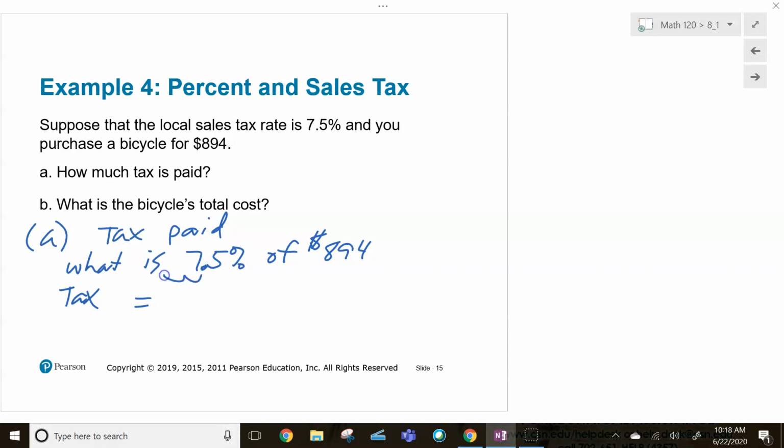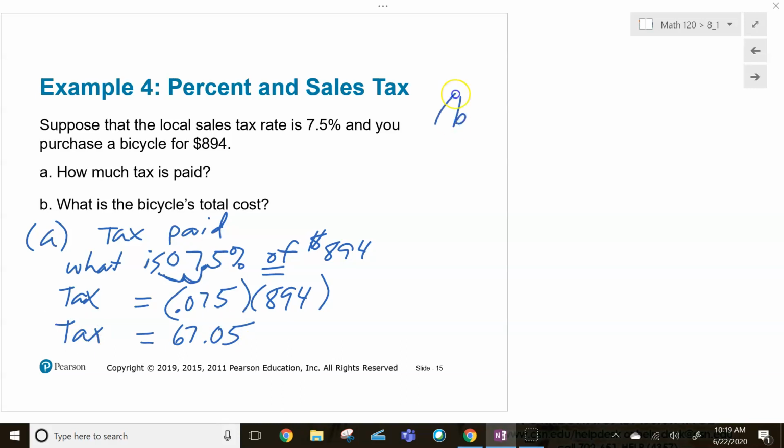So move it over twice, so 0.075. There's an imaginary zero right there. Left twice. 0.075, and of means multiply. So we're going to multiply it by 894. So 0.075 times 894 gives you $67.05. So there's your tax.